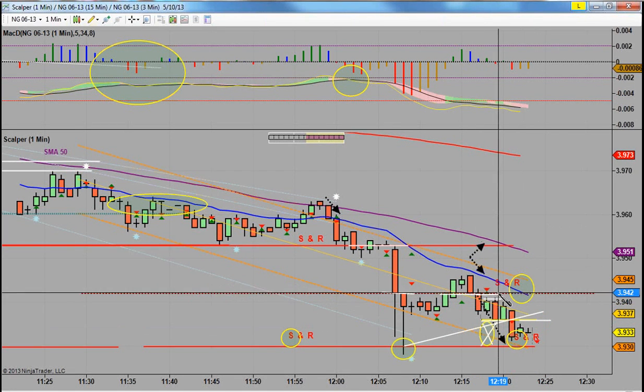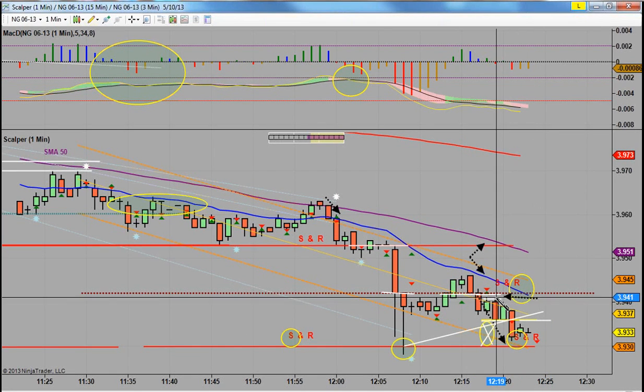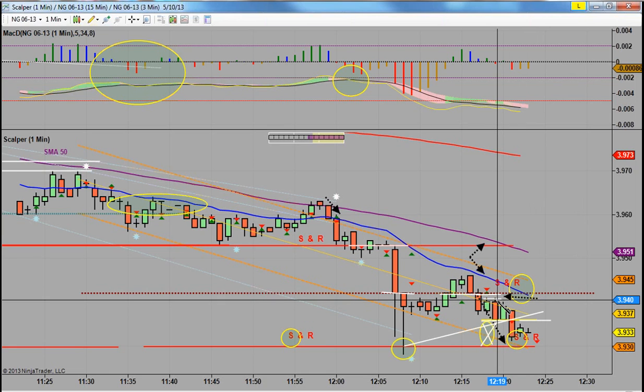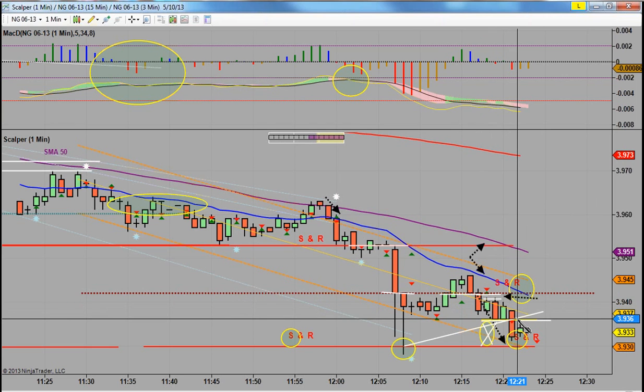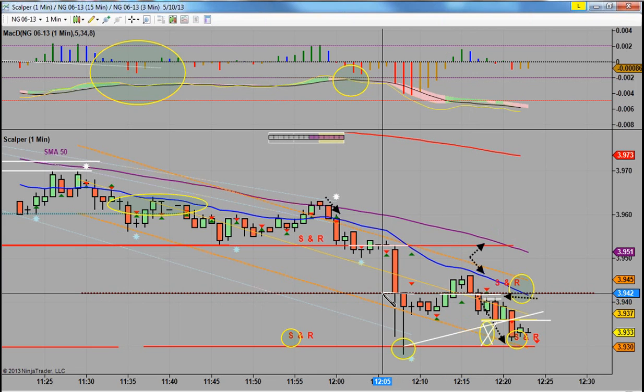If this is resistance, then this little gap is more divergence, it's more resistance. It's a better signal to go short than right here. I hope that's clear.